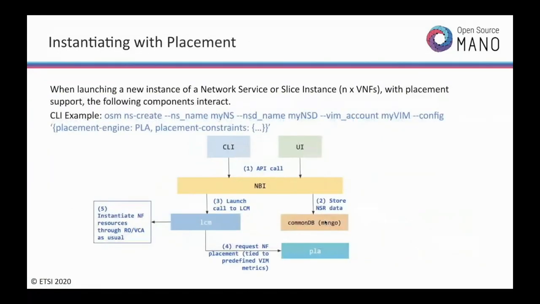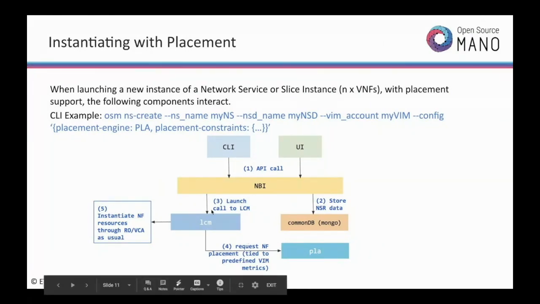Instantiating with placement. If you instantiate any of the cases that we already saw, but you use the placement platform, which will be available soon, then before instantiating, it will ask the placement component to provide the right VIMs for instantiation. And then it goes and instantiates through RO or VCA as usual.